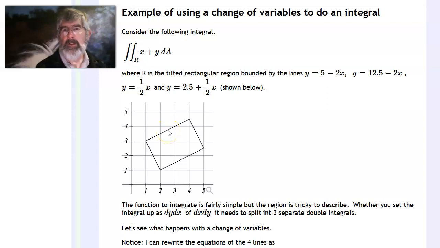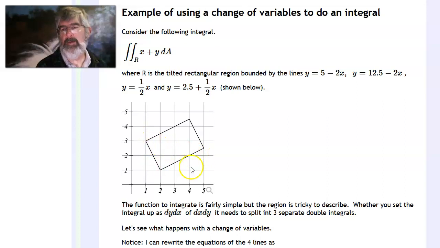Okay. Now, you might think, why would I bother to do a substitution? This is really easy to integrate. And I will admit that it is possible to do this without doing the substitution. But look what happens when you try to set it up either as an integral dy dx or dx dy. If we're doing dy dx, we'd be integrating y first on the inside and x on the outside.